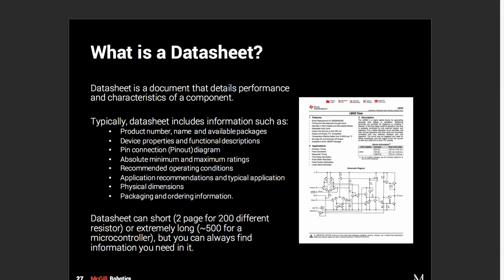A data sheet can be really short, like 2 pages for 400 and 200 different resistors, or extremely long, like around 500 pages for a microcontroller, and they can go up to 1,000 pages if you combine all the documentation for a microcontroller together. But you should always find the information you need to use it.